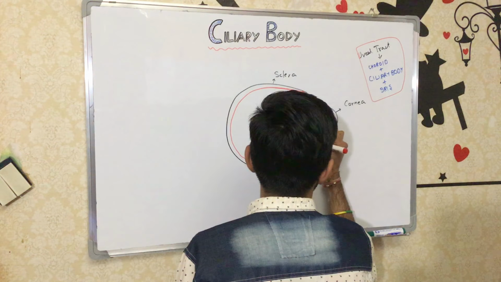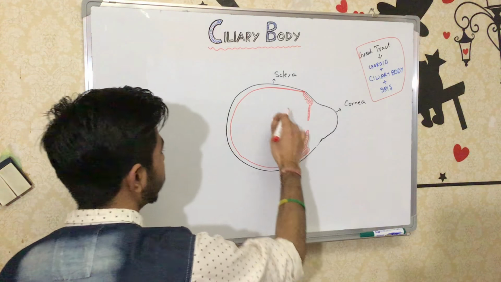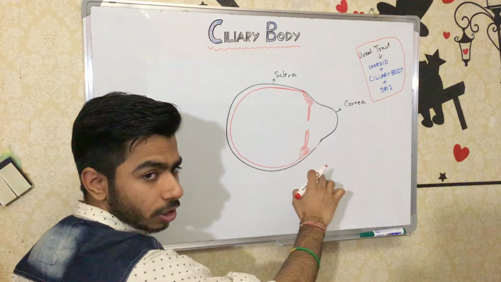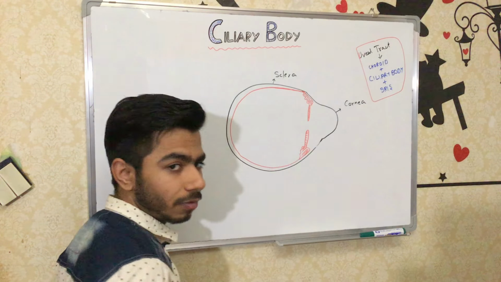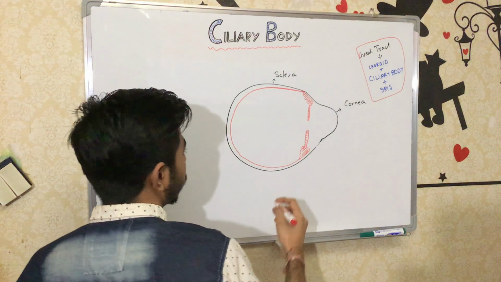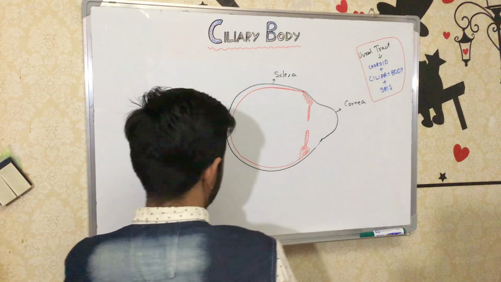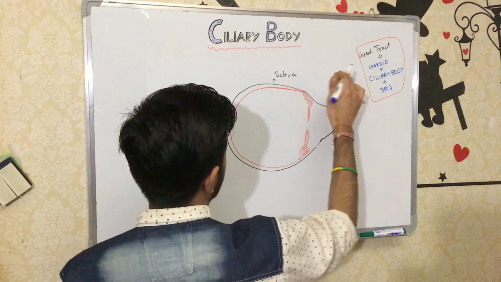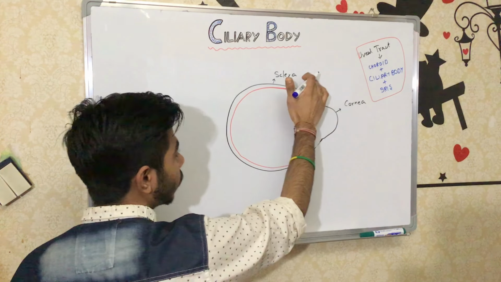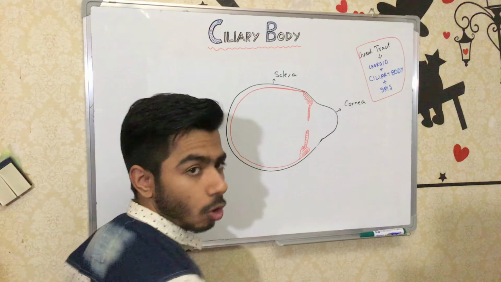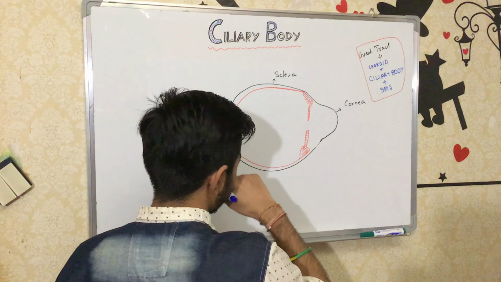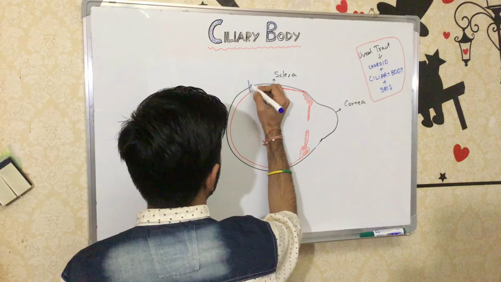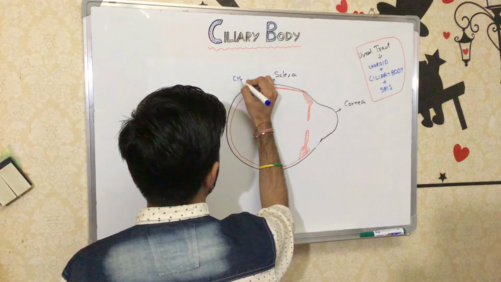Remember, all these structures drawn here in red, the choroid, ciliary body and iris, are highly vascular, which means they have a blood supply. Let me name the structures here. The outermost, more posteriorly, was the sclera, more anteriorly the cornea. Then this inner layer I call the choroid.